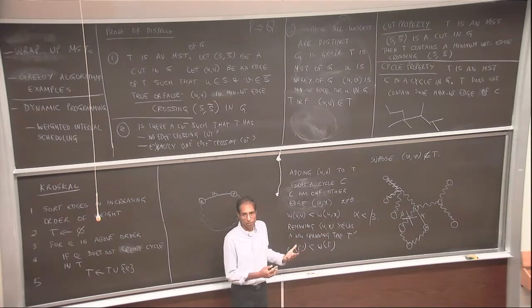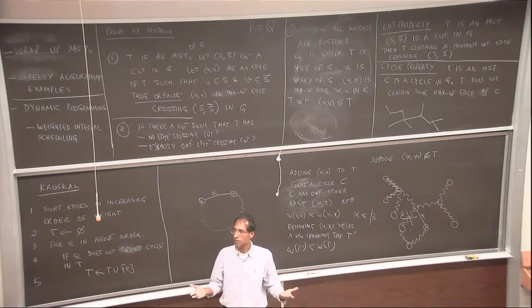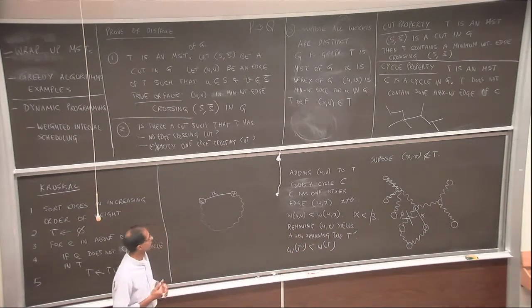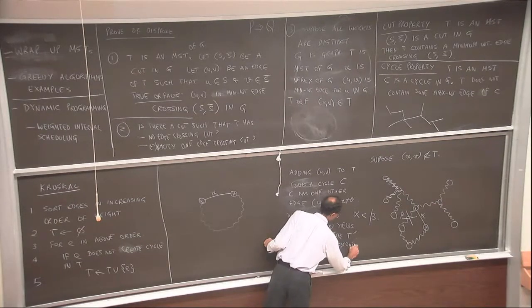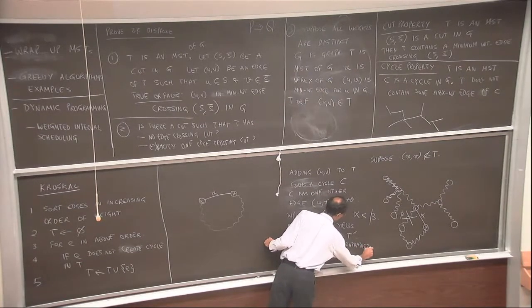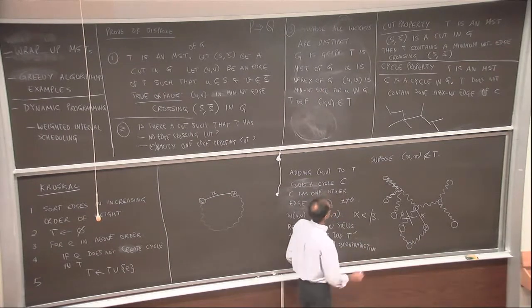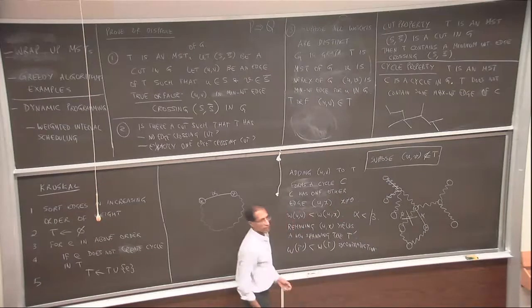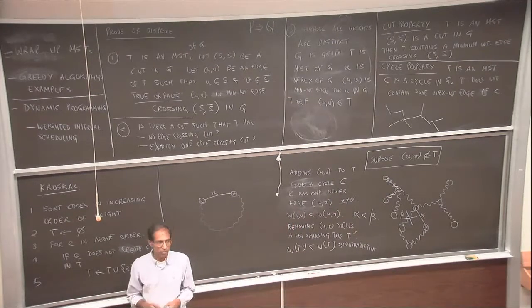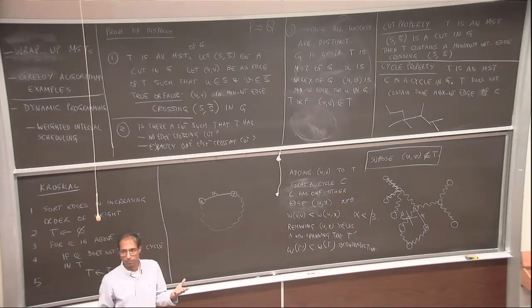You're adding a smaller number and subtracting a larger number, which is a contradiction. So our assumption that we made early on is false, so UV has to belong to it.